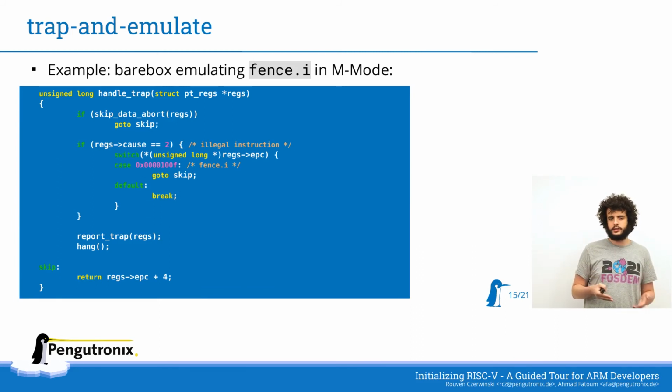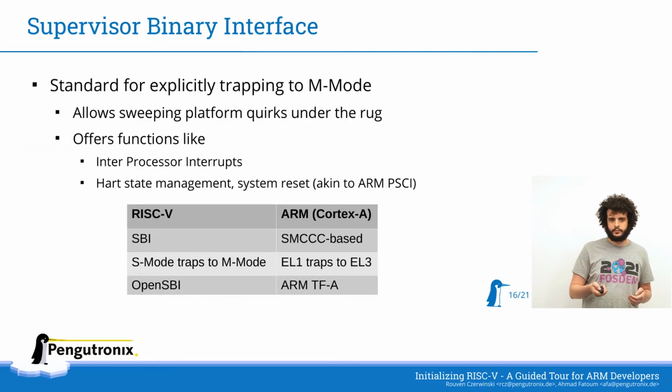So if fence-I works, everything is well, and if fence-I doesn't work, a trap is raised, and in the trap handler you can make use of this very regular scheme of RISC-V instructions to find out which instruction was the illegal one, and if it's fence-I, you could just skip over this instruction, because if you have no instruction cache, fence-I can just be emulated as a no operation.